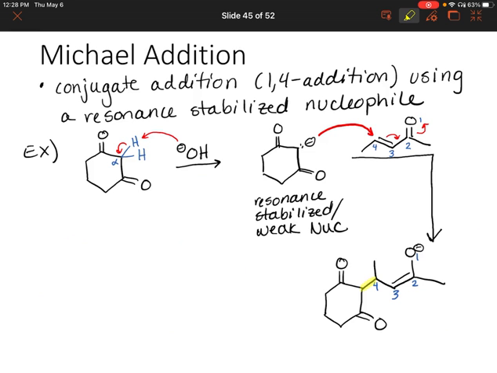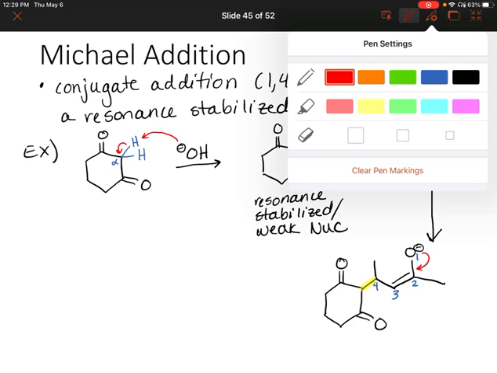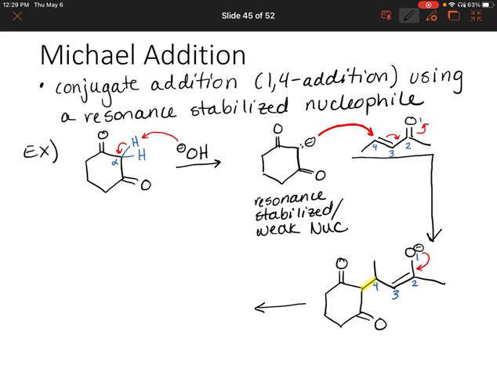So one way that we could draw our arrows to indicate that we're ending up with that ketone at the end, we can show that the oxygen atom is going to reform its double bond. And then the actual double bond between carbons 2 and 3, we're going to add a hydrogen there. It's just a little easier, and you kind of skip that tautomerization step to get to the product. But you can show the tautomerization too. That's totally fine.